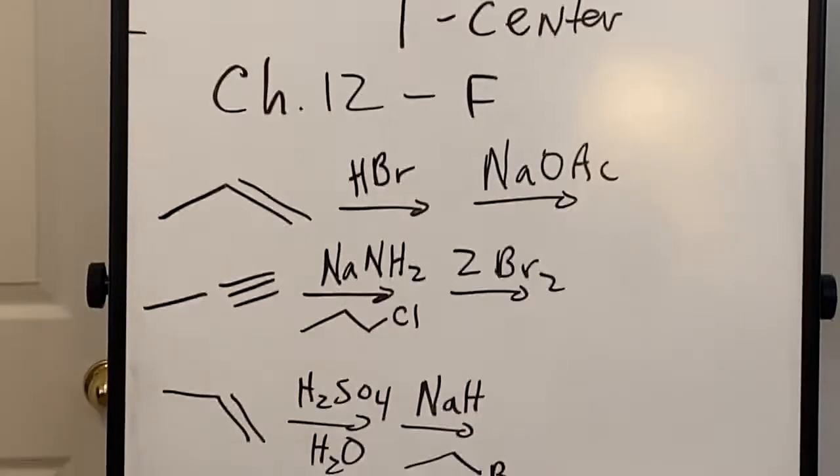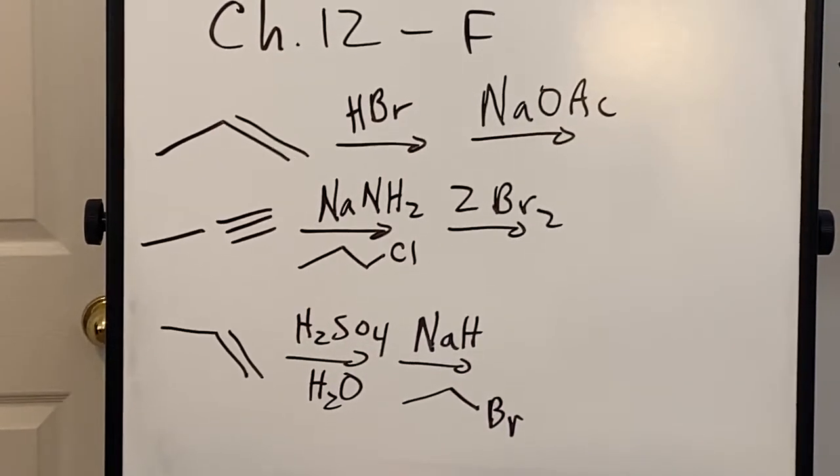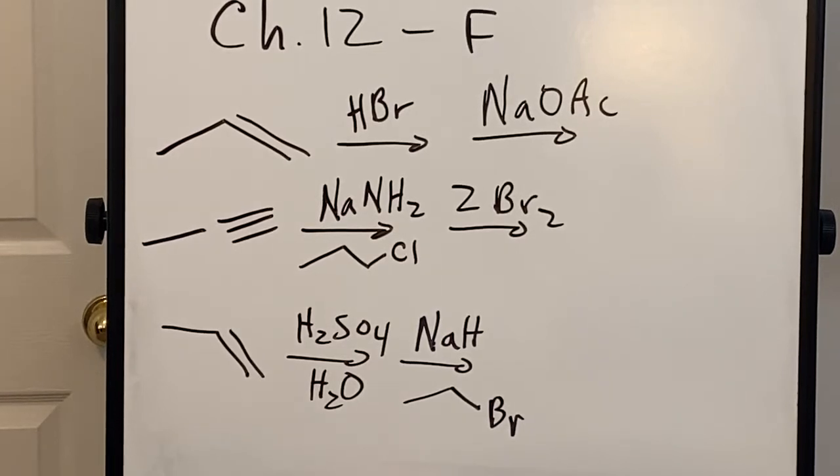Now, first today we'll do a bunch of problems at the board here, working problems that combine reactions from chapters 9, 10, and 11. We'll do the alcohol reactions. Remember, we had dehydration, we had halogenation, we had some epoxide opening reactions, and then chapter 10, of course, we had the alkene reactions.